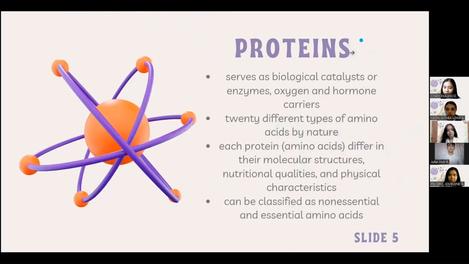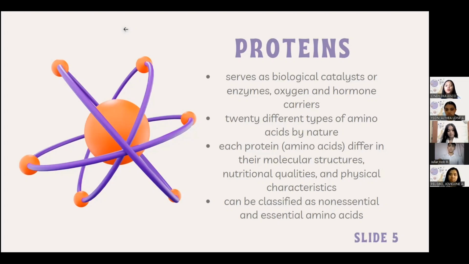So let's dive deeper. What is protein? Well, protein serves as a biological catalyst, or what we call enzymes. In layman's terms, biological catalysts are the ones that enable chemical reactions to occur without changing the equilibrium. This is why proteins are vital parts of our lives.